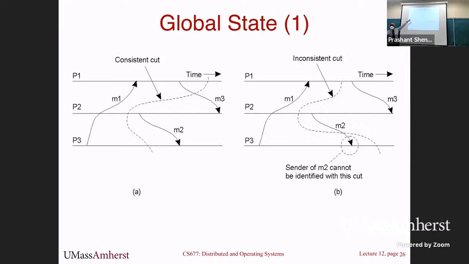Okay, so first of all, what the dotted line is called a cut, because that's basically the points at which you take a snapshot. Where the dotted line intersects with the process is the time at which you take a snapshot.